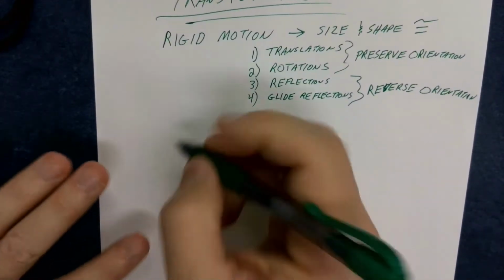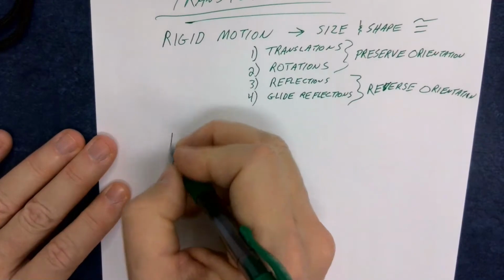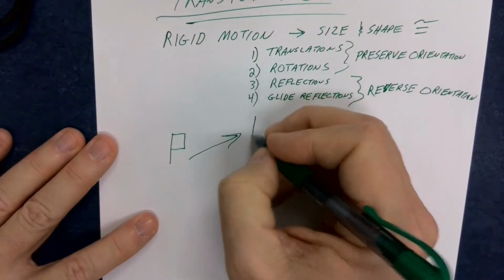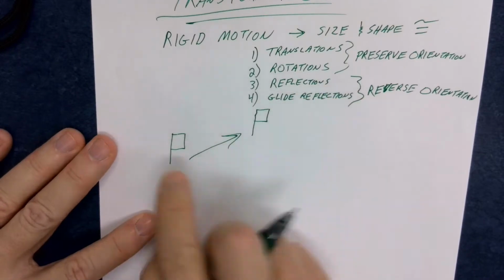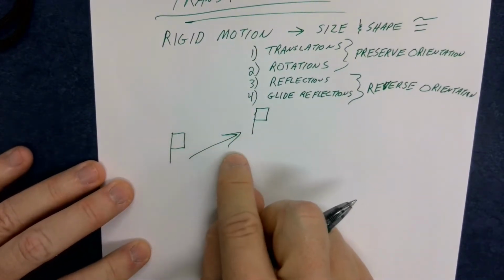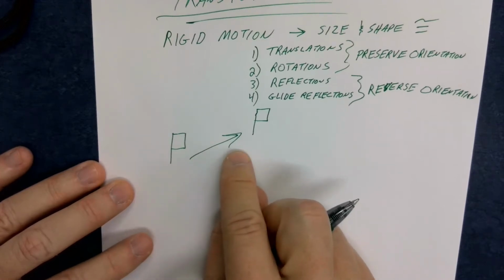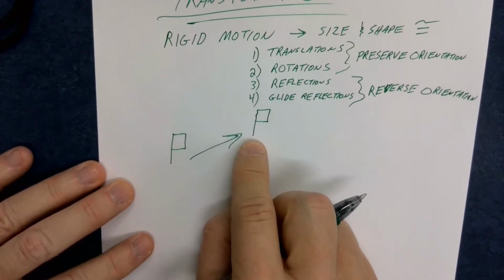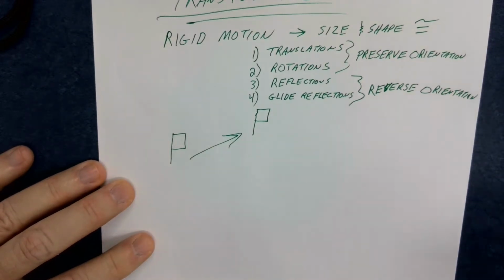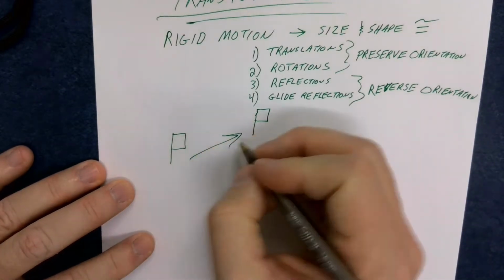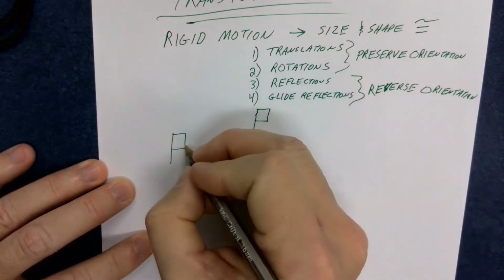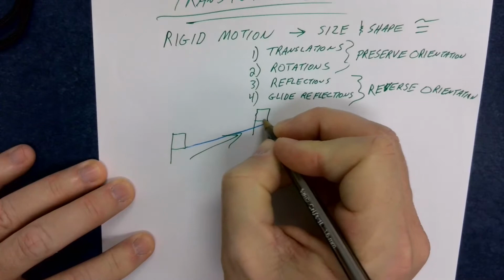So quick little pictures. Translations simply means that a shape can slide in any direction, up, down, left, right, or on a diagonal, and it won't lose its size and shape. And we know that this translation thing has something called a, what's our V word?